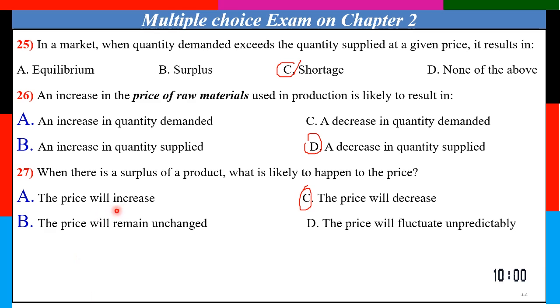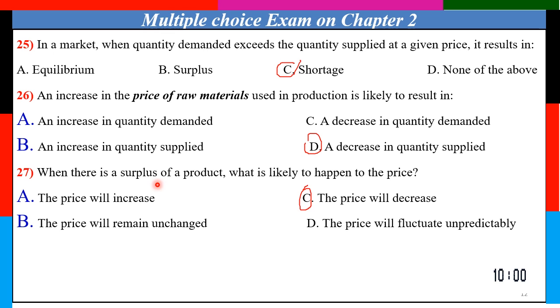When there is a surplus, it means aggregate supply is greater than aggregate demand. So when the supply is greater than the aggregate demand, it causes the surplus. Surplus means it causes competition among the sellers to sell their products.